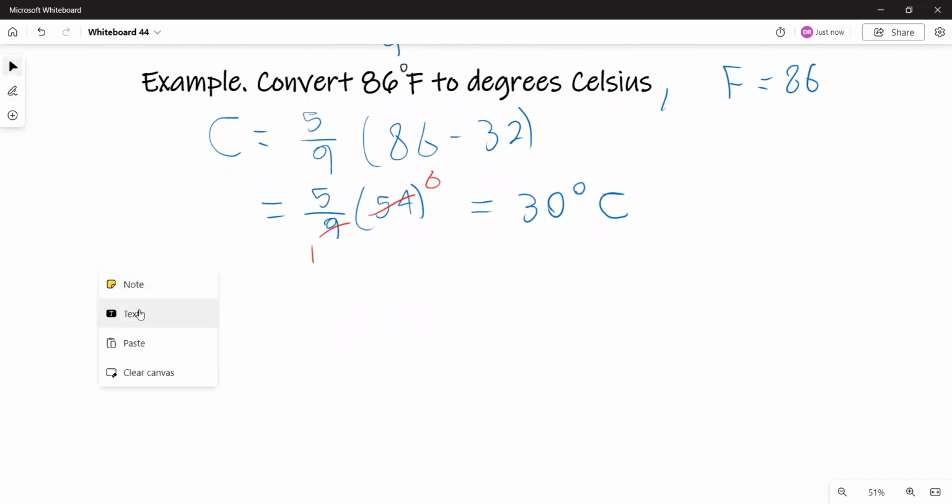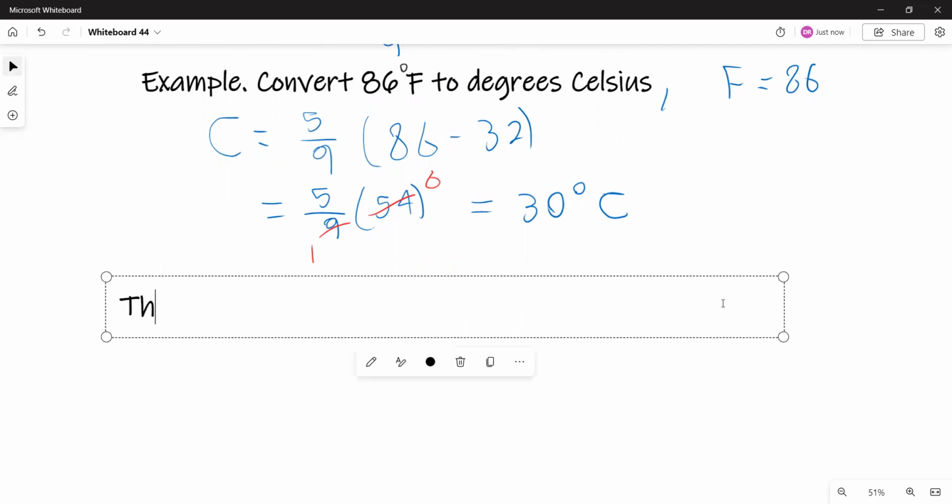The next topic is the rectangular coordinate system. It's called rectangular, or it's also called Cartesian, named after the French philosopher and mathematician René Descartes.